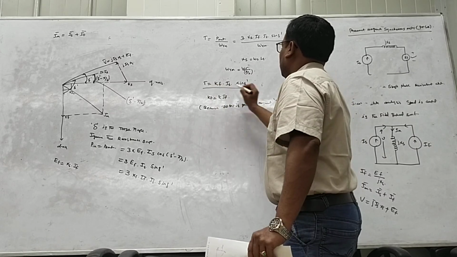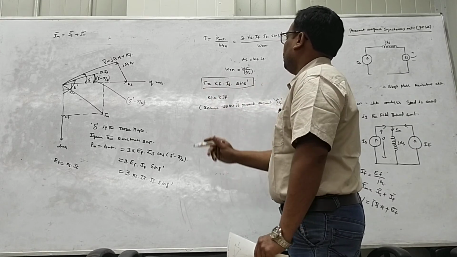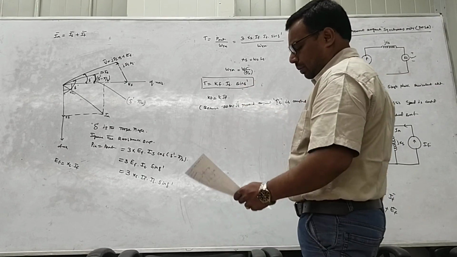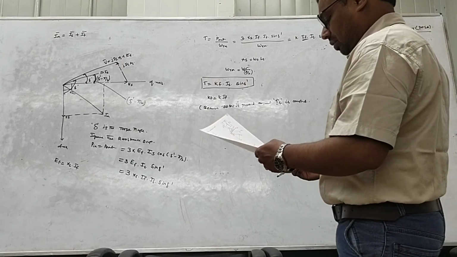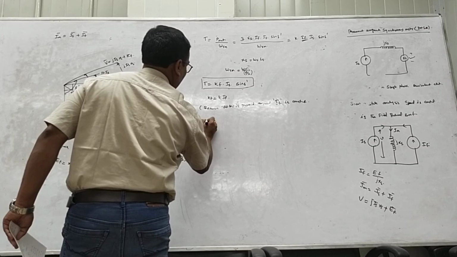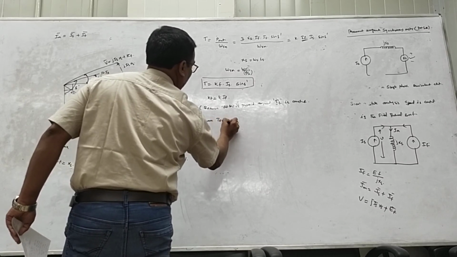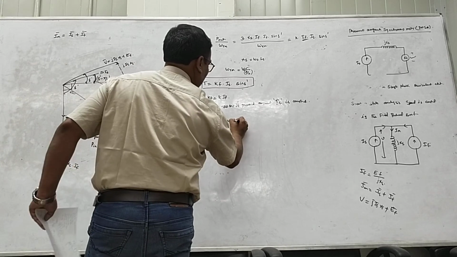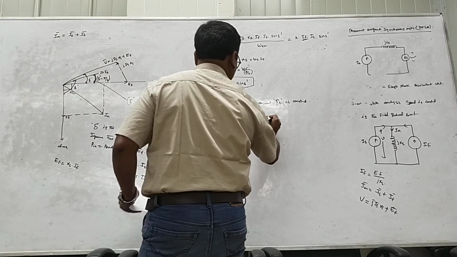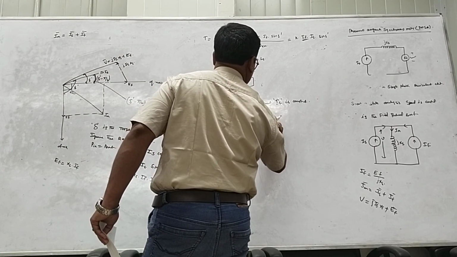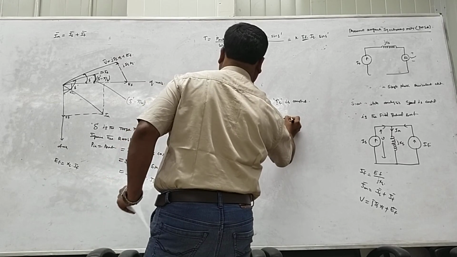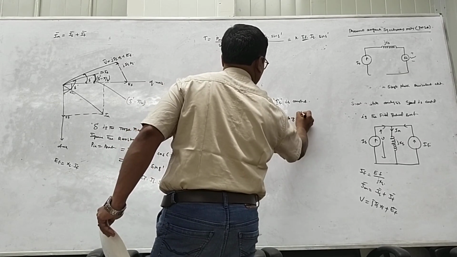So finally the torque T is equal to some constant Kf into the stator current Is into sine delta prime. Okay, the maximum torque per ampere is obtained by delta prime.